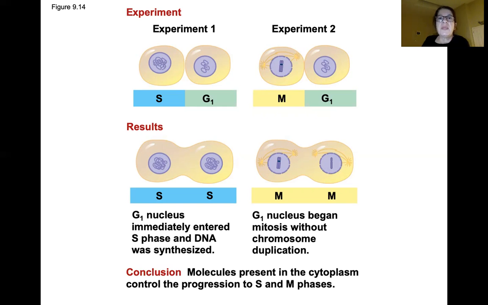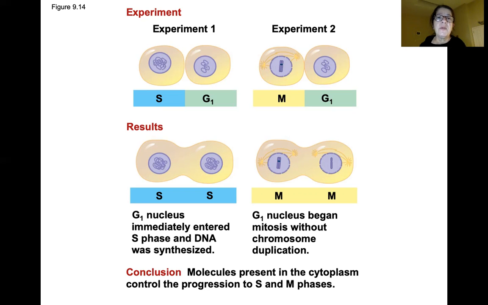And the conclusion from these experiments that the researchers reached is that there was something in the cytoplasm of this mitotic cell that made the G1 cell enter mitosis, even though it wasn't ready because it hadn't duplicated its DNA. Similarly, there was something in the cytoplasm of the S phase cell that made that G1 cell start DNA replication immediately.